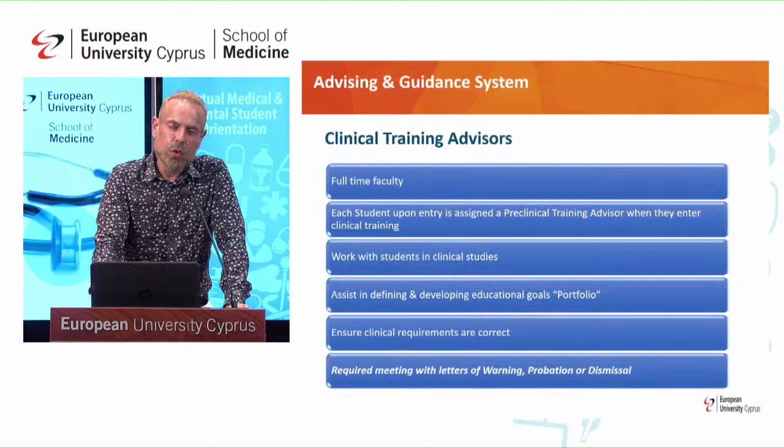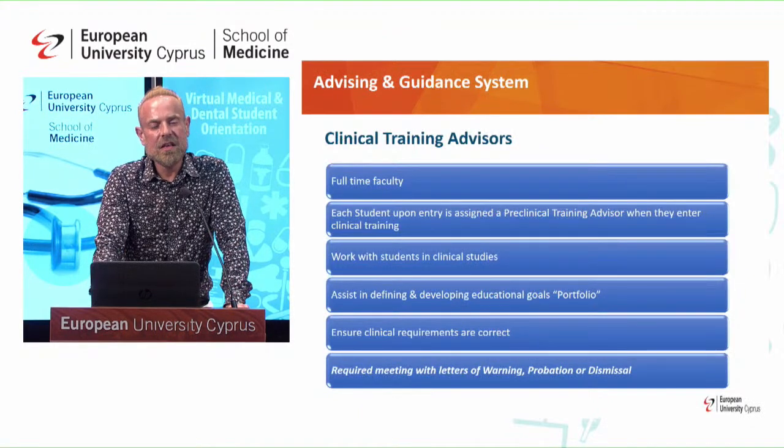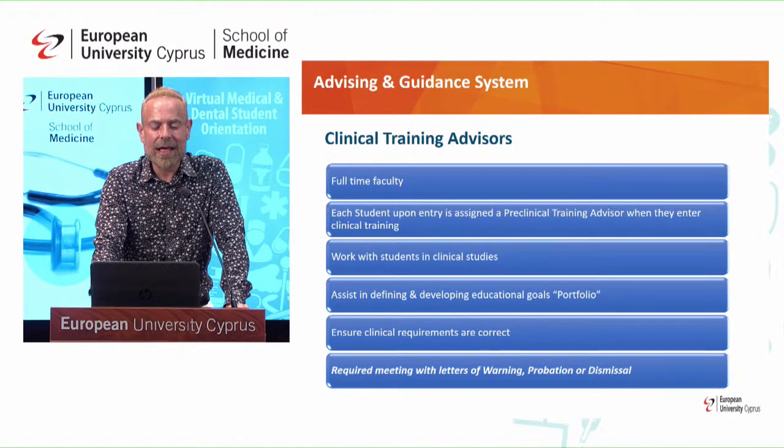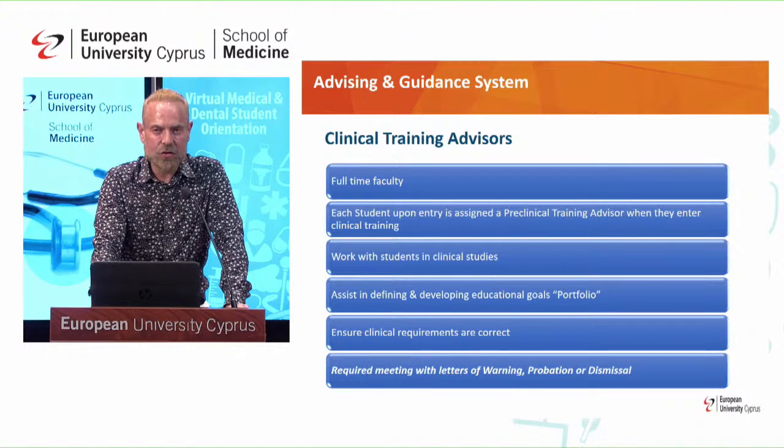But as I have told you, medicine is not only the university, is not only the campus. 3 years of your profession, of your student's life, it will be spent in hospitals, and there you will need your clinical training advisors. These people have to have specific characteristics.